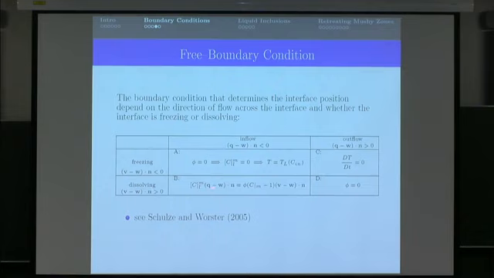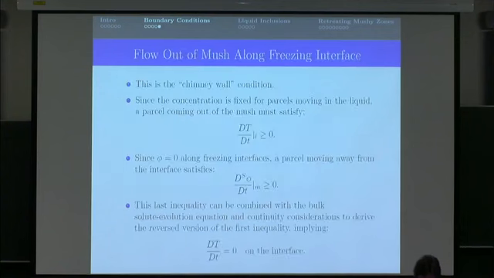So you have 0 is 0. Not a very useful free boundary condition. And the code won't work. You need another one. And the other condition turns out to be this, that the Lagrangian derivative of the temperature, using the total volume flux as the vector field, has to vanish on that type of interface.